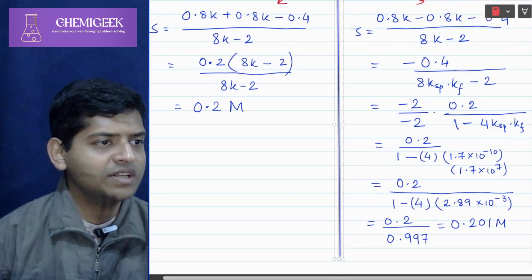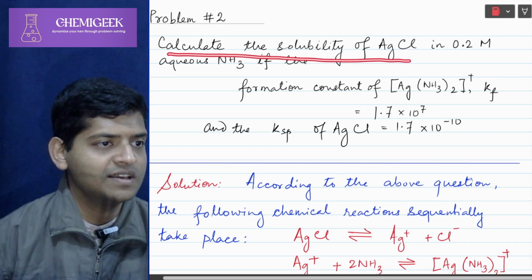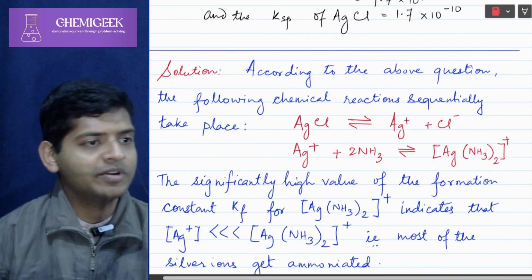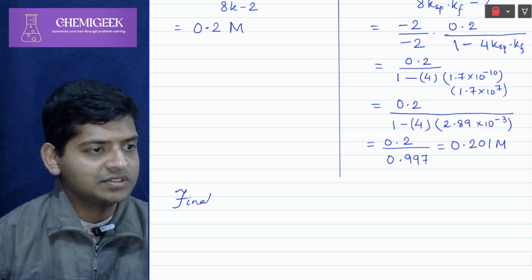So the question was to calculate the solubility, which is nothing but the capital S. We have got the value of capital S in the end. So what should be our final answer?